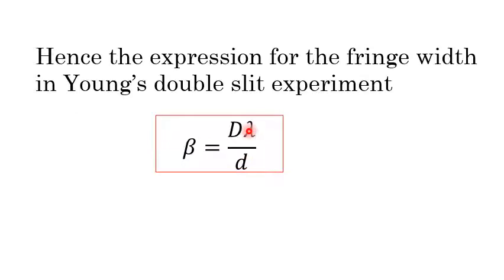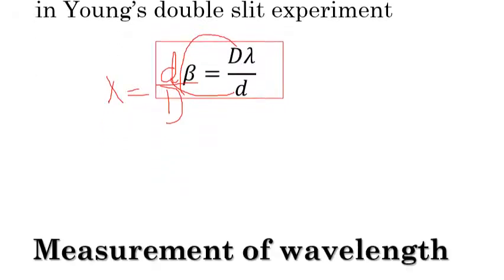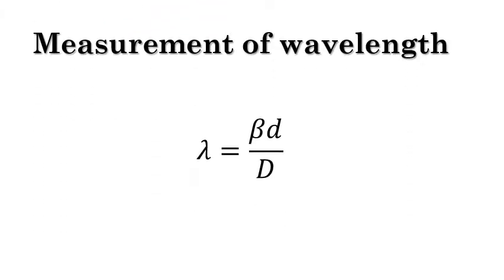Now in order to find the wavelength, you can send this term here. D will go to the denominator and small d will come to the numerator. So d by capital D will give me the wavelength. So for measurement of the wavelength, lambda equals beta times small d divided by capital D. Okay.